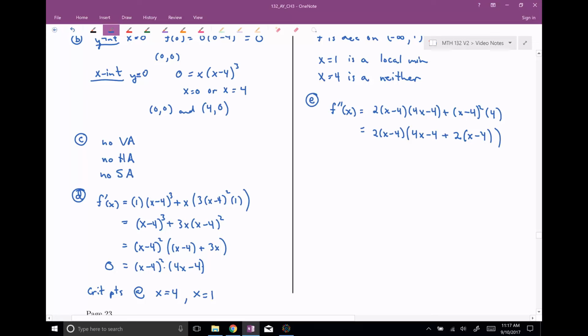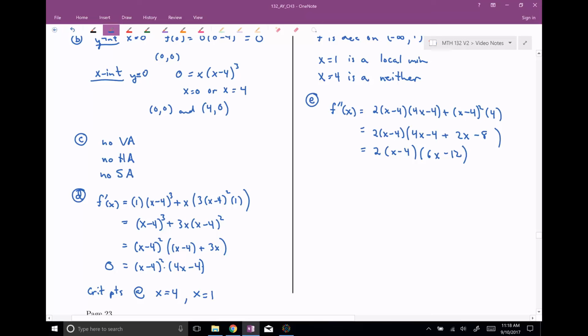And in fact, we can go ahead and simplify this. Let's distribute that 2, so we're going to have 2x minus 8. Okay, one more line of simplification. So 2x minus 4, and then we have 4x plus 2x, that's going to be 6x, and then negative 4 and negative 8 gives us negative 12.